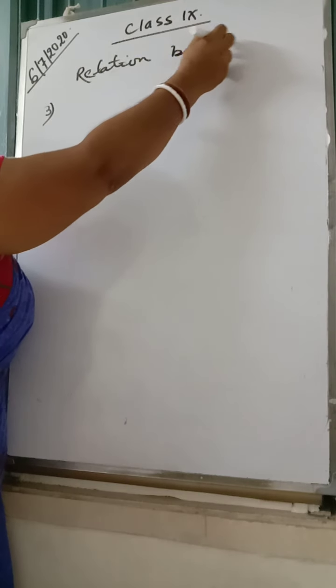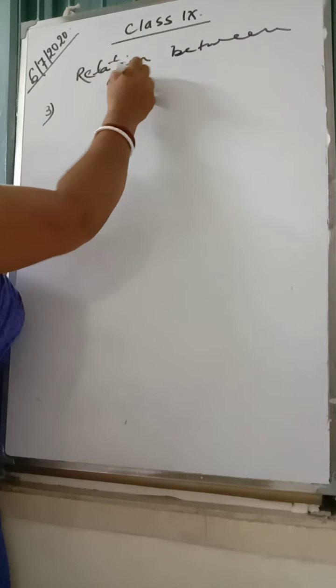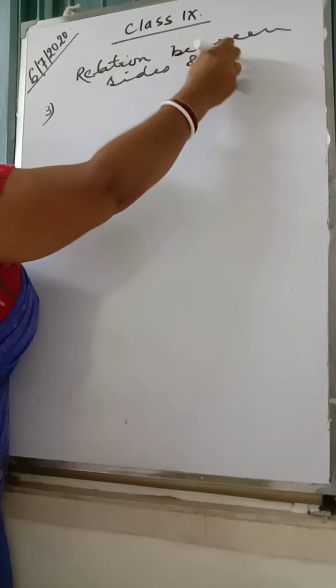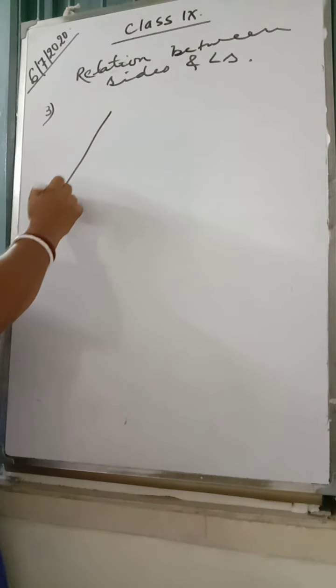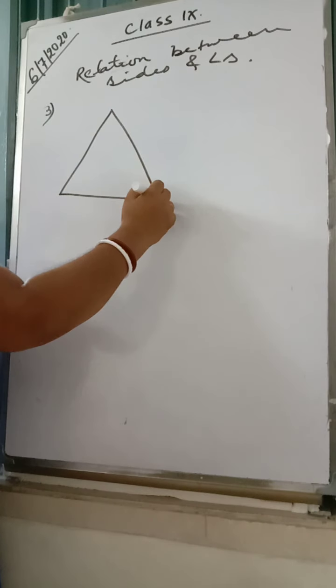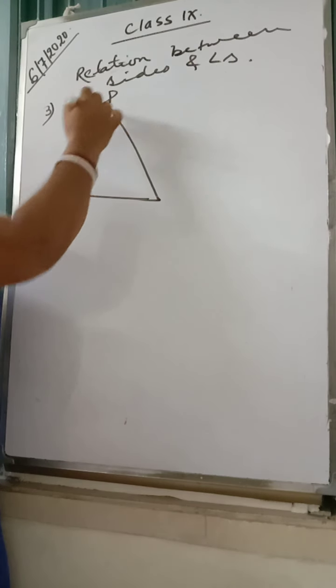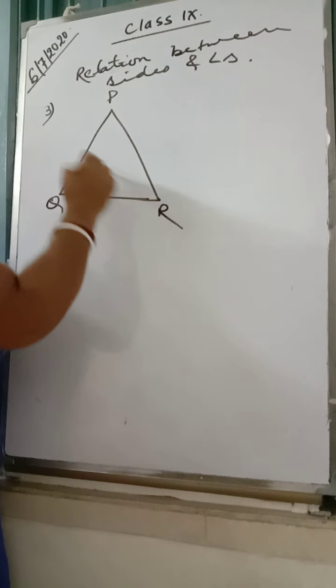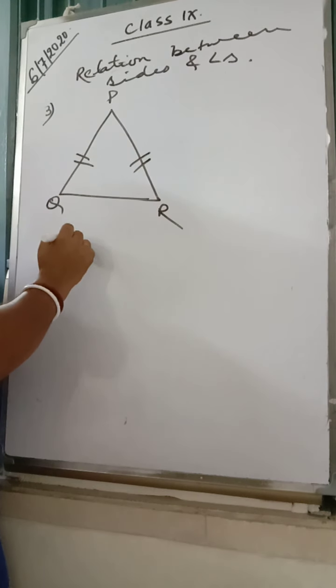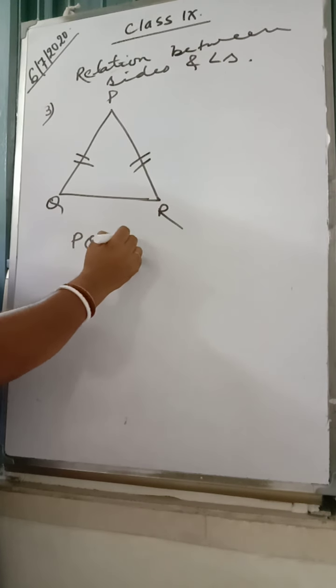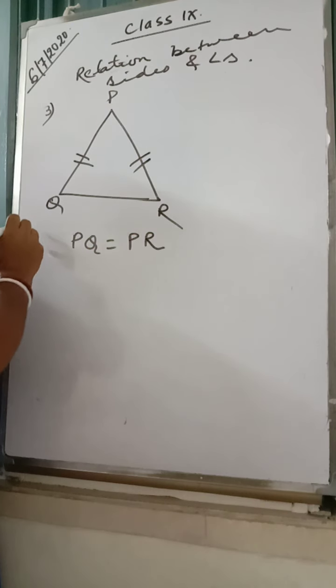The third relation: in triangle PQR, if two sides are equal, you can see PQ is equal to PR. We can see from the figure.